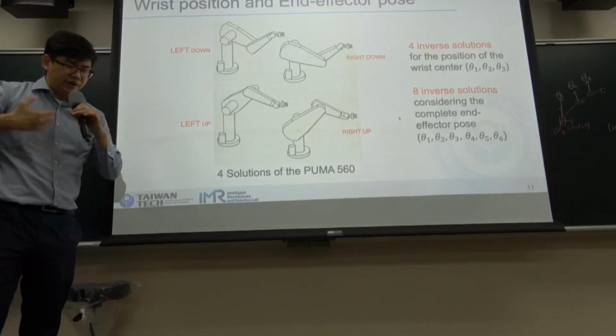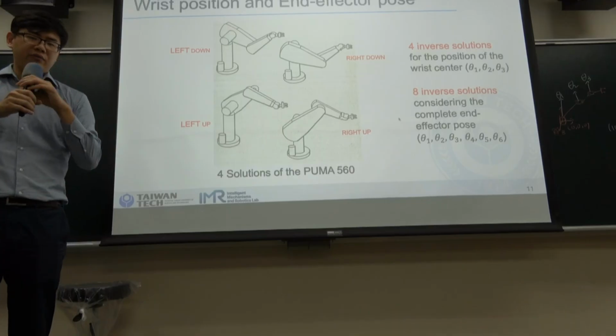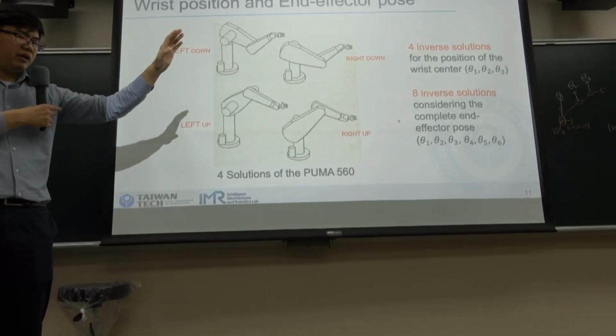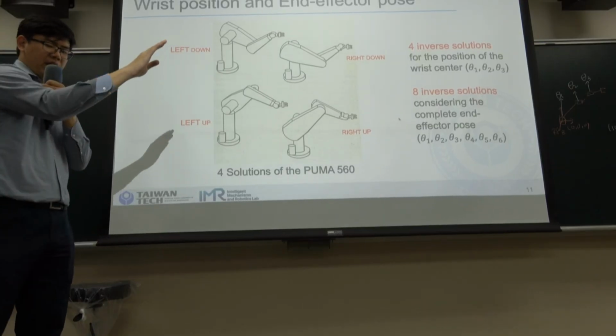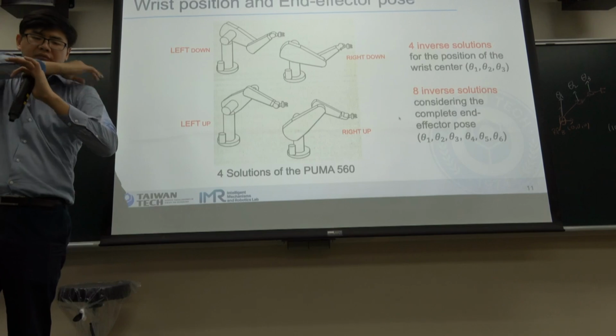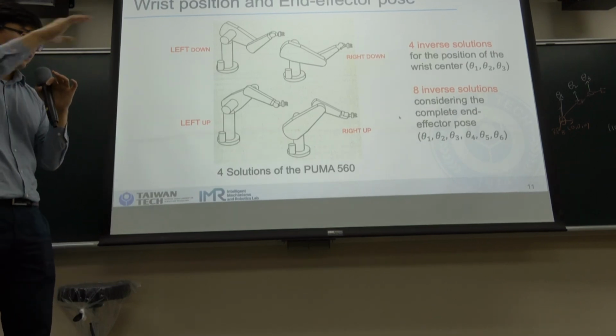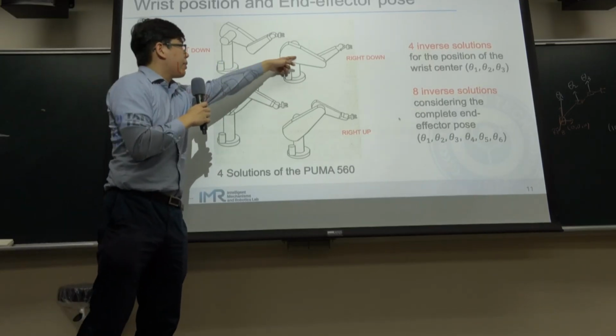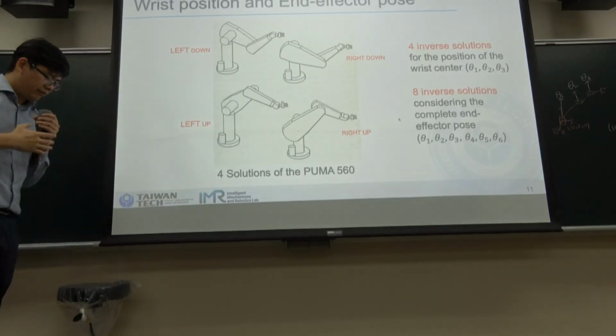So it is the same as our shoulder, that we can have our right arm or our left arm reaching, and if we rotate our arm 180 degrees, then we can also reach the same configurations.